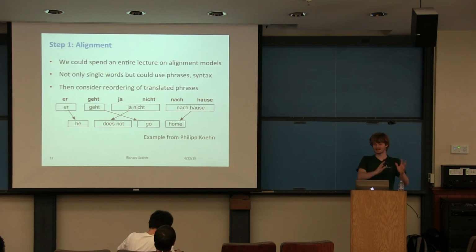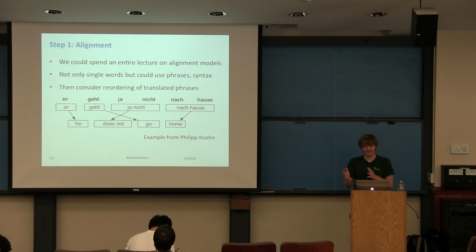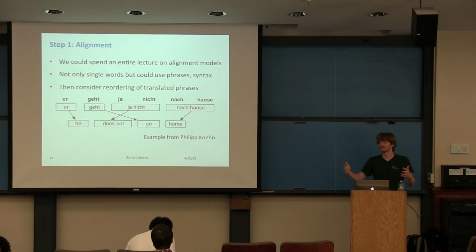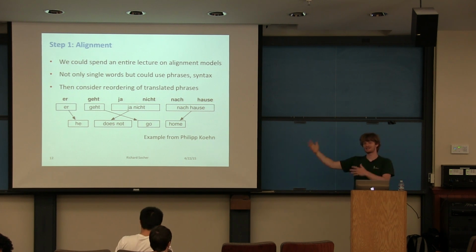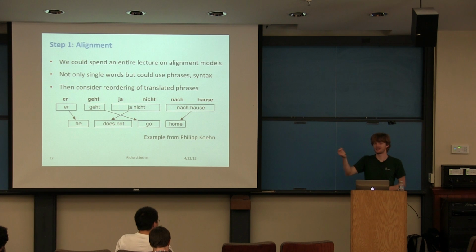So basically, let's assume that for each single word or phrase we find potentially good phrases. That in itself is a huge problem, right? Because now you could look at phrases, you could look at the entire syntactic structure of the sentence. You may try to translate longer and longer phrases. If you see "to be or not to be," right? That's a longer phrase, and maybe you see that as "sein oder nicht sein" in German, and now you can just translate that entire phrase instead of translating the single words.